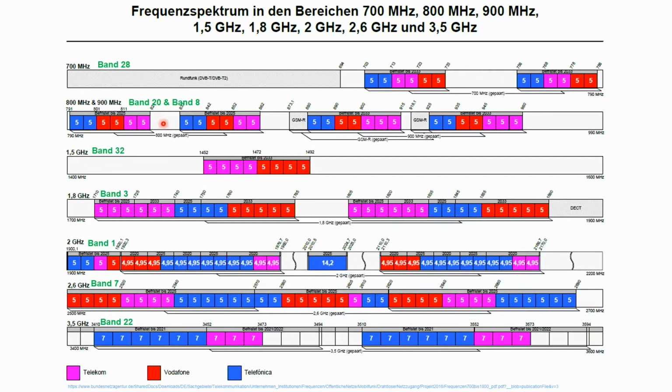That's the LTE frequency range, 4G frequency range. The 900 megahertz range, where the legacy GSM is running on it. We have band 32 at 1.5 gigahertz. This has no uplink. 1.5 is a downlink only band.